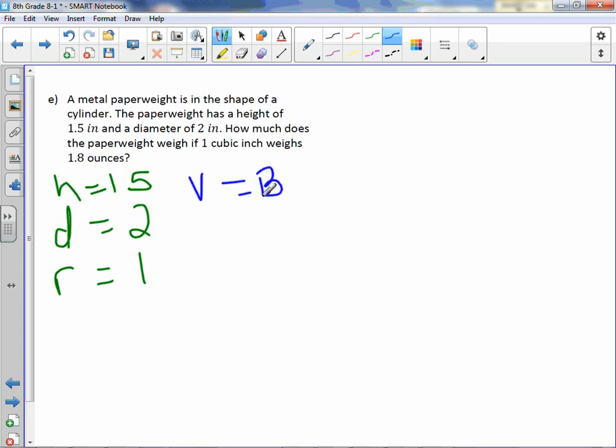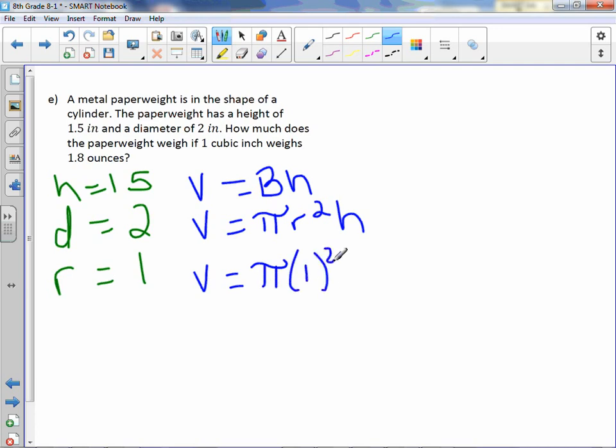Volume equals big BH. Volume equals pi r squared h. Plug in what we know. Volume equals pi, radius is 1, height is 1.5. So put in your calculator pi times 1 squared times 1.5, and we get a volume of 4.712.